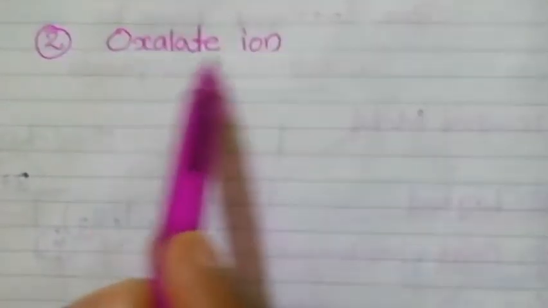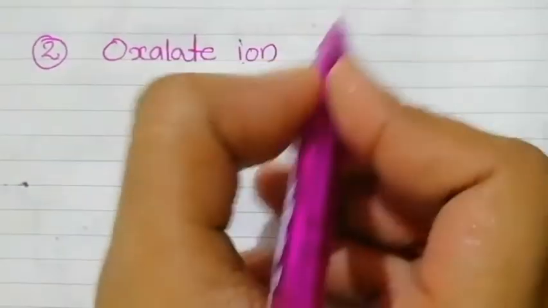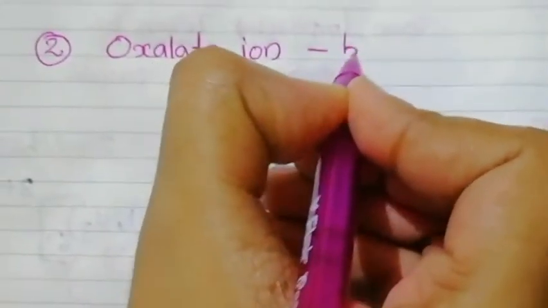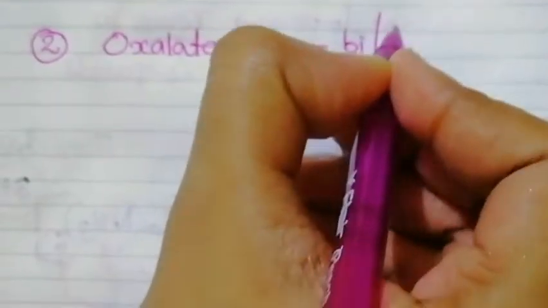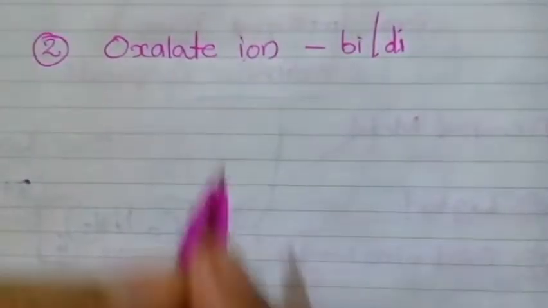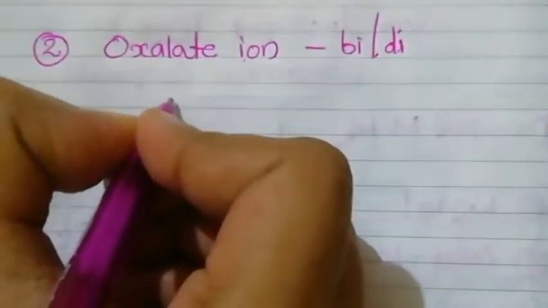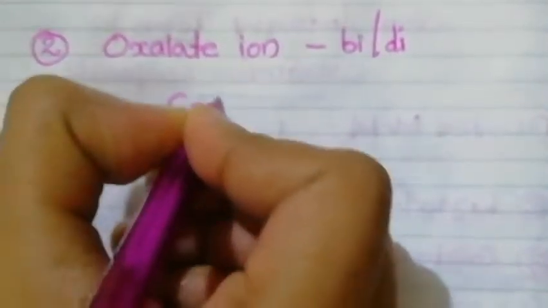Now let's see the next example of bidentate ligand, that is oxalate ion. In some cases we use the term bidentate or didentate.